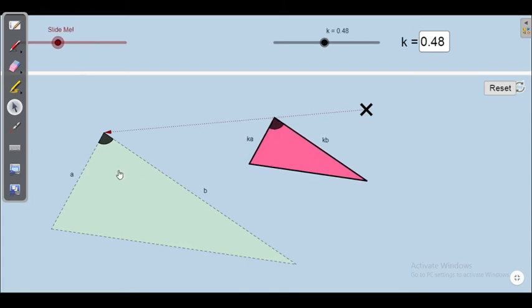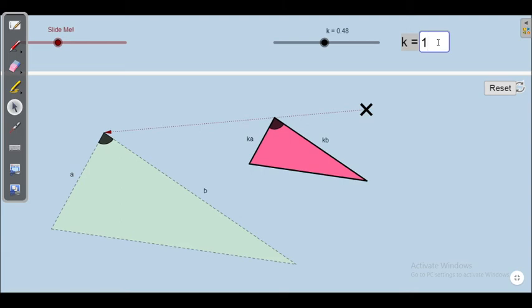You can see that the sides of this green triangle are A and B. Here it is KA and KB in the pink one, right? So if I give the value of K to be 1, what do you think will happen?